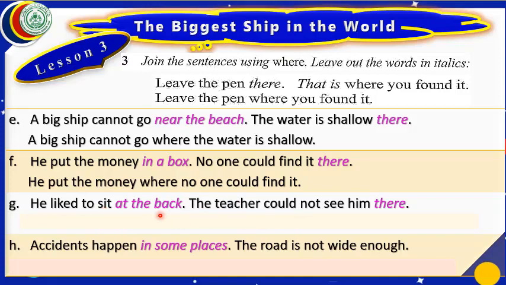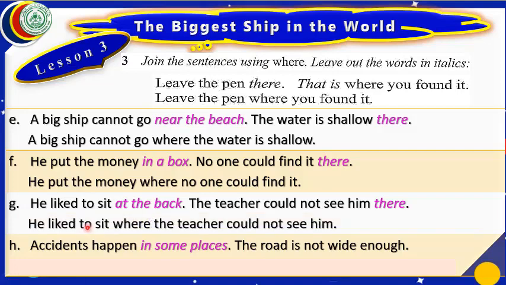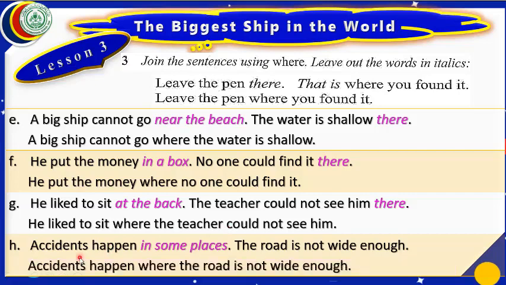We shall use the word where in the middle and leave the words given in italics. In the same way, the last part will become, accidents happen where the road is not wide enough.